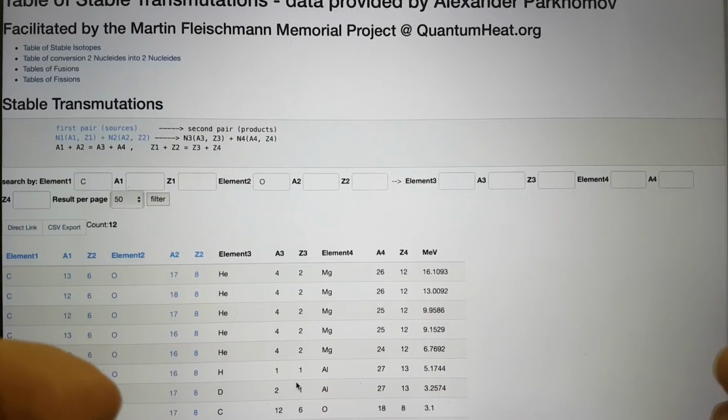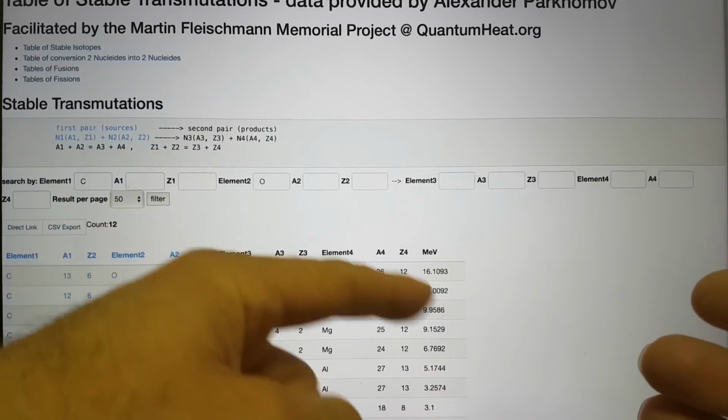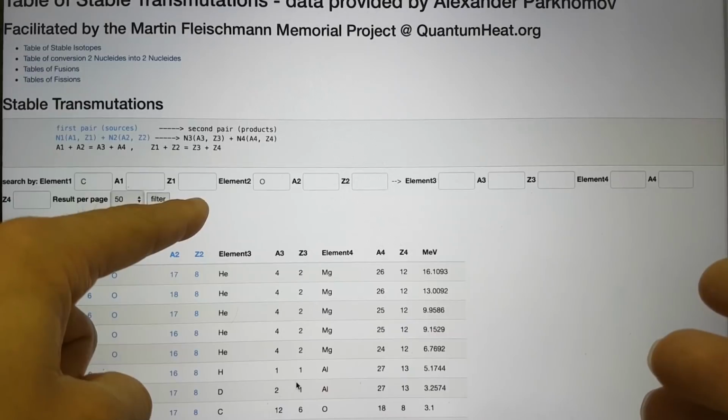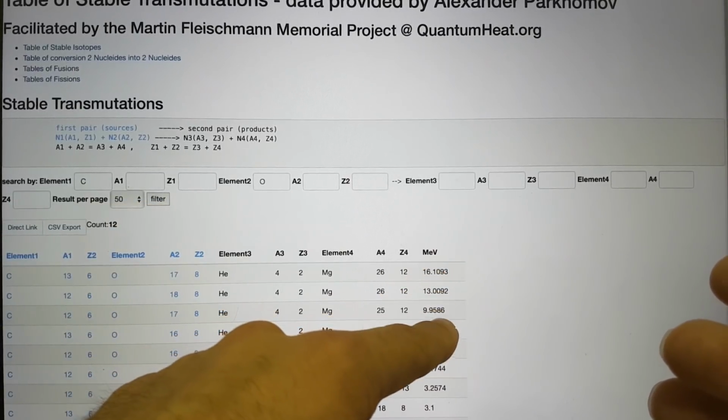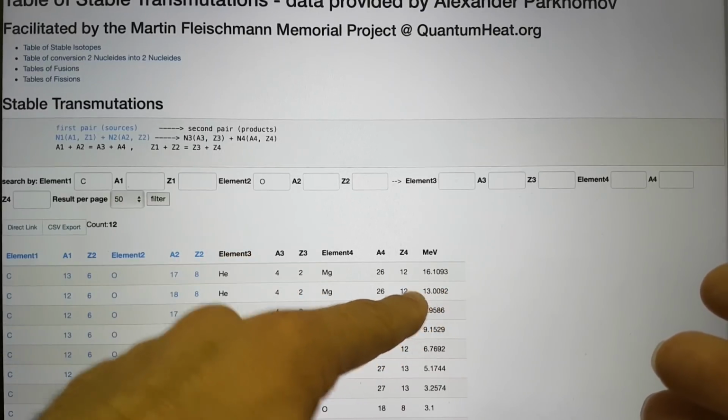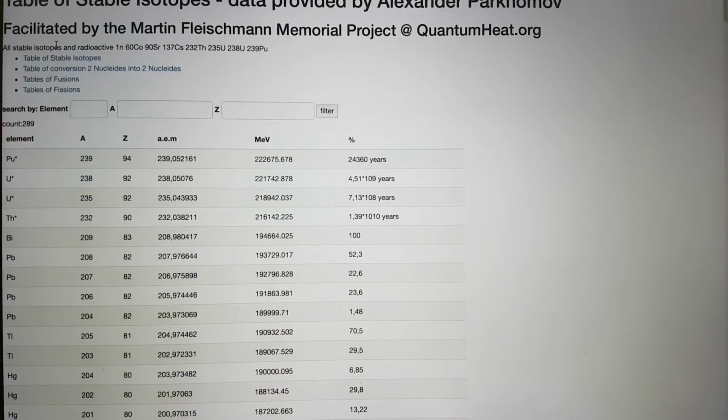We're hoping to add in the ability to sort results not just by the maximum MeV yield, but also by the isotope abundance.